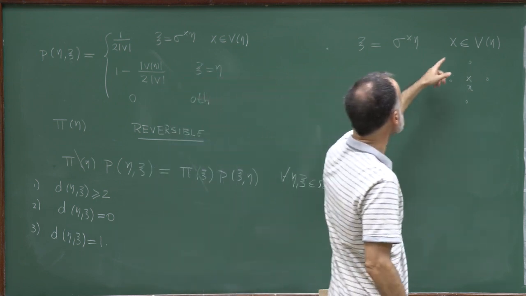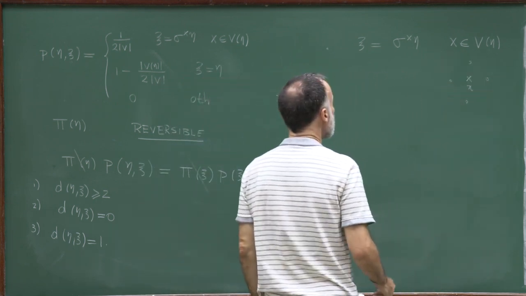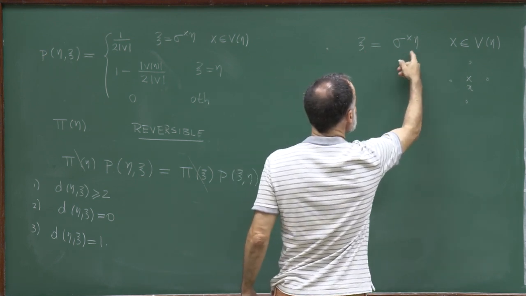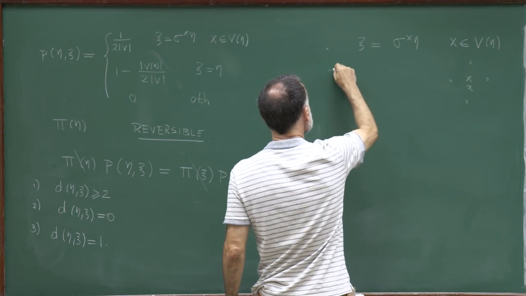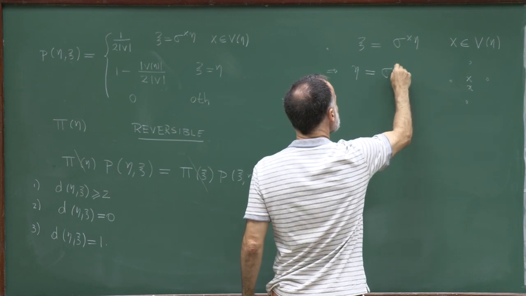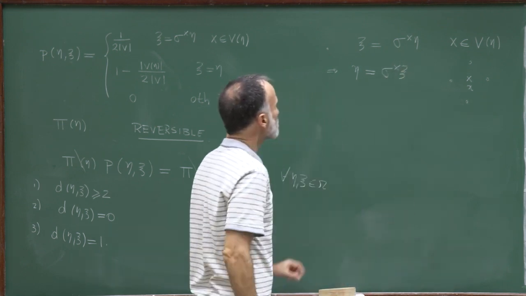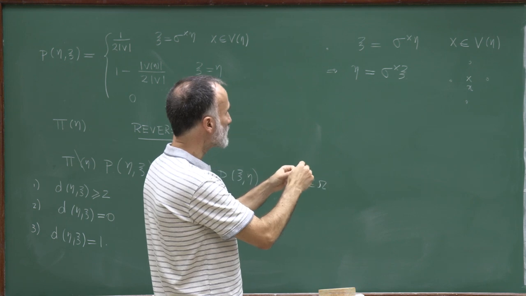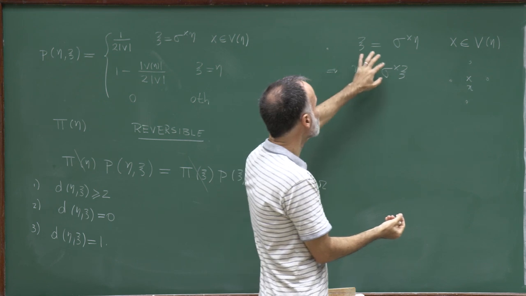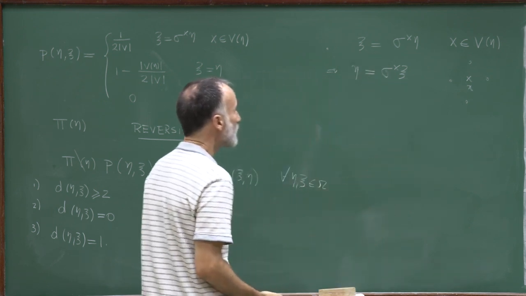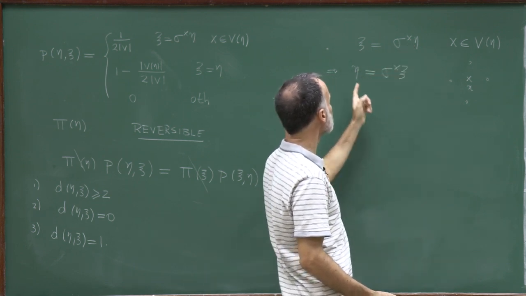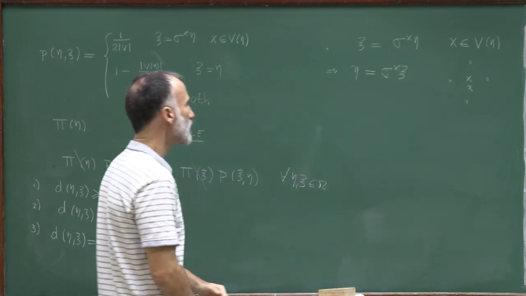So this means, in particular, that x belongs to v of eta. And also, if psi is equal to sigma x eta, this also means that eta is equal to sigma x of psi. Right? Eta and psi differ at only one site. So one at the site x is 0, the other one is 1. So I get one from the other just by flipping what is happening at x. So not only psi is equal to sigma x of eta, but eta is also equal to sigma x of psi.